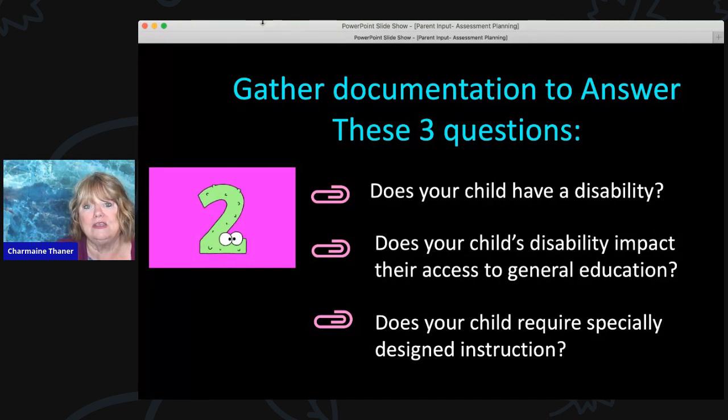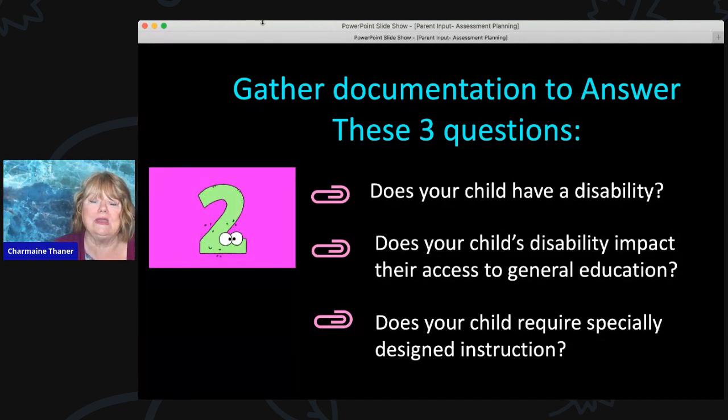When you're at the eligibility part of the meeting, you have to be able to say, yes, your child does have a disability. You have to be able to show why your child's disability is impacting their ability to access and make progress in the general ed curriculum. And then the team also needs to be able to say that your child does need specially designed instruction.